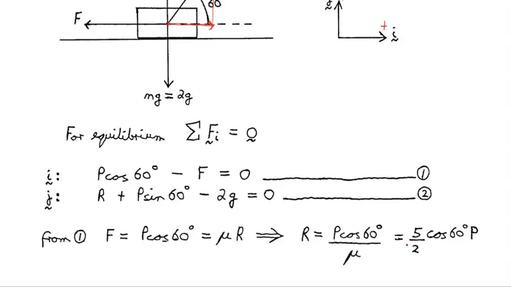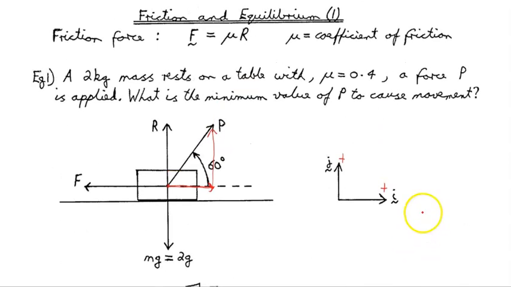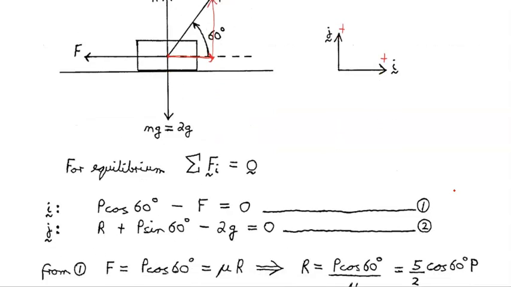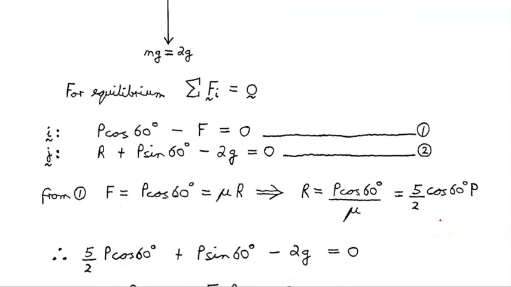Remember we had that up here, mu is 0.4, which gave us 2/5, and the reciprocal of that is 5 on 2 times cos 60 times P. Okay, so far so good.